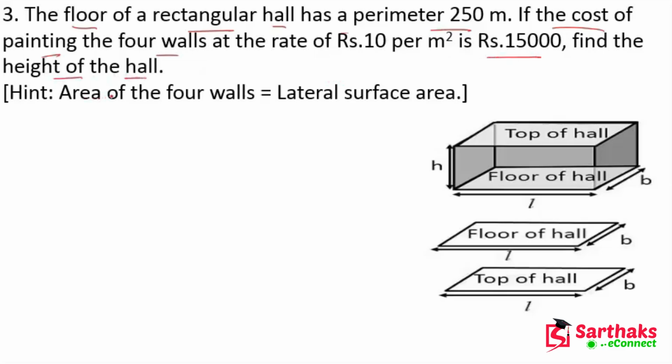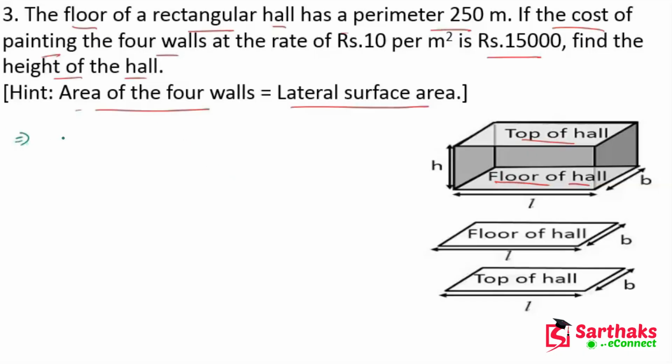Here is a hint: the area of the 4 walls is equal to the lateral surface area. It means in the cuboid we are excluding the top and bottom part, means the top of the hall and the floor of the hall. Okay, I hope you get this point.